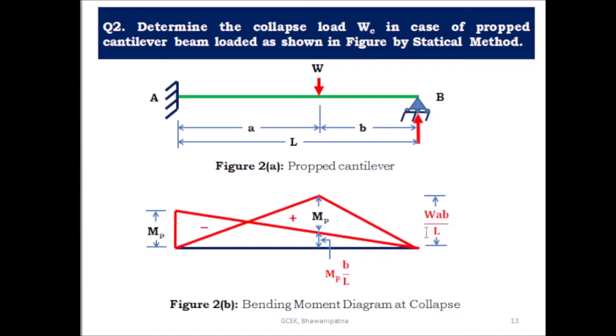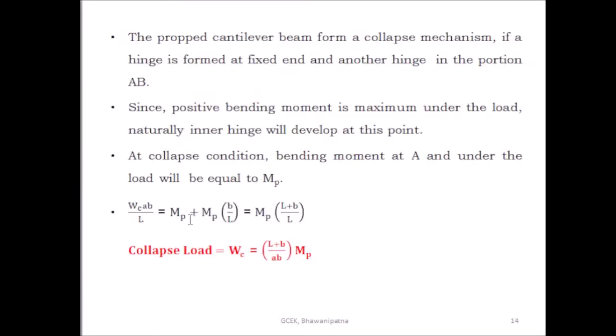So WC AB by L is equal to MP plus MP B by L. Then after simplification, the collapse load WC is equal to (L plus B) by AB into MP.